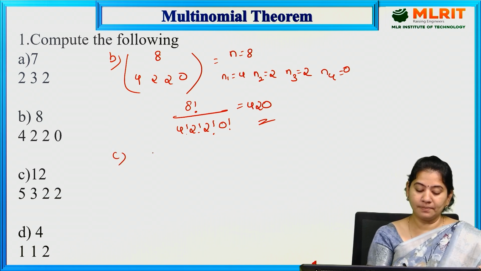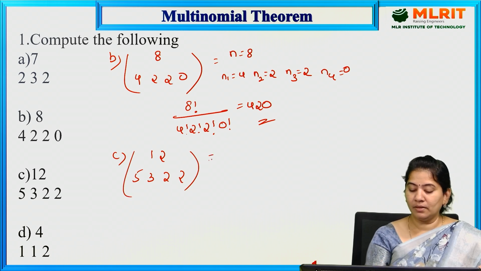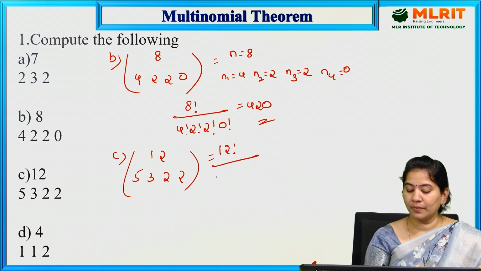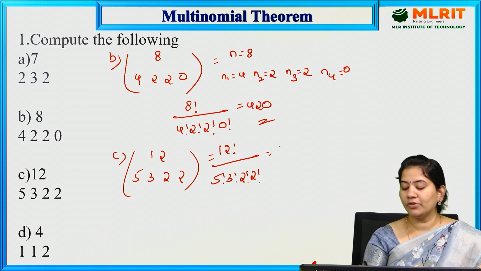Now here 12; 5, 3, 2, 2. So the question here is n is equal to 12 factorial, and here 5 factorial, 3 factorial, 2 factorial, again 2 factorial. If you simplify it, you can get the answer 163320.